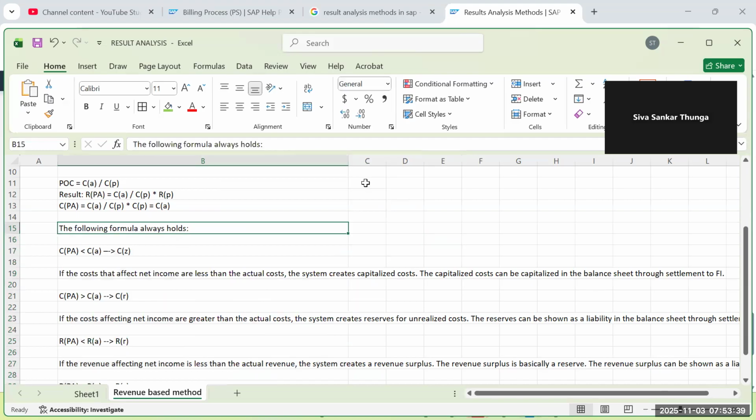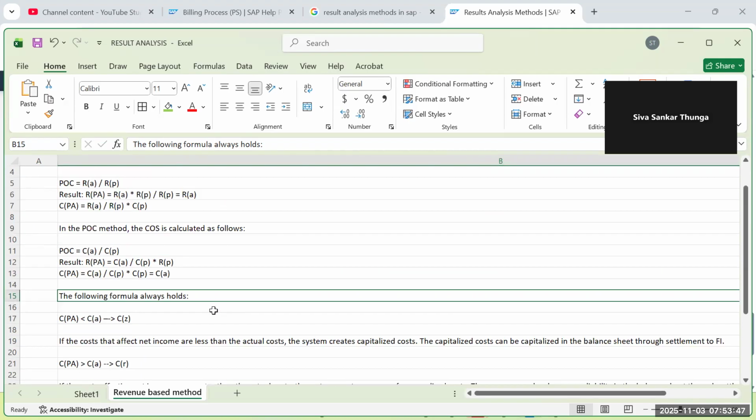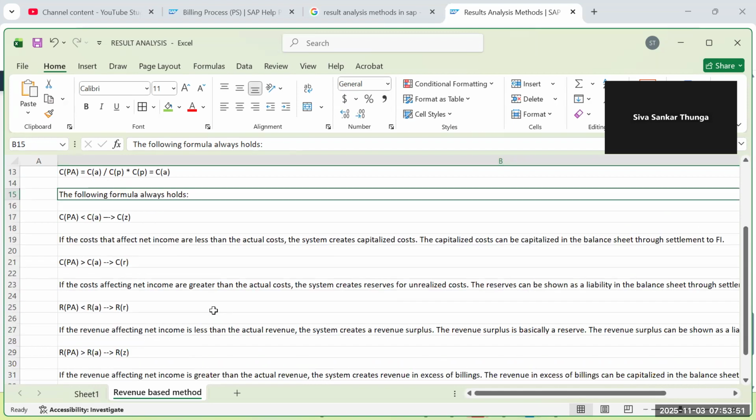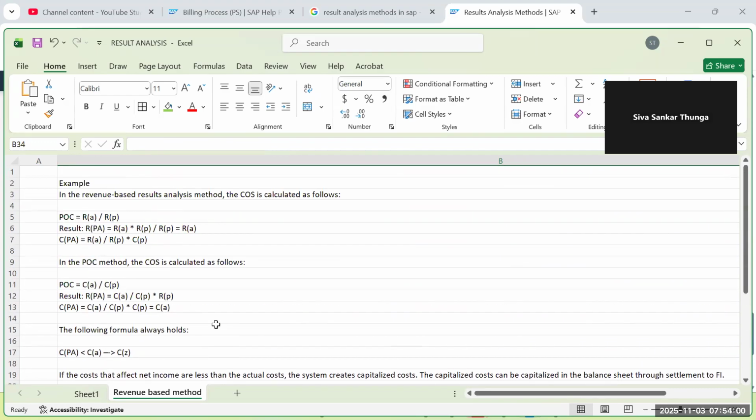Yes. The one which we received is more than the one the system calculated, then it's a liability. If the received amount is less than the calculated one, then it is a contract asset. So you need to remember this.